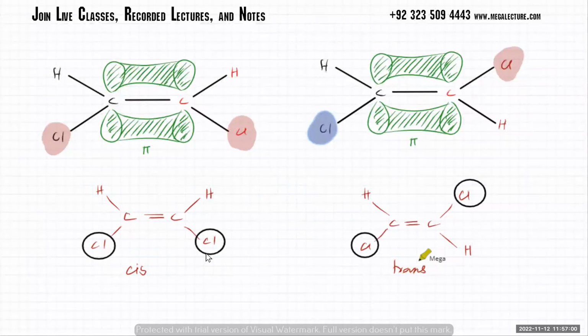Cis means same side, and trans means opposite sides. Okay, so you got cis and you got trans versions of the molecule.